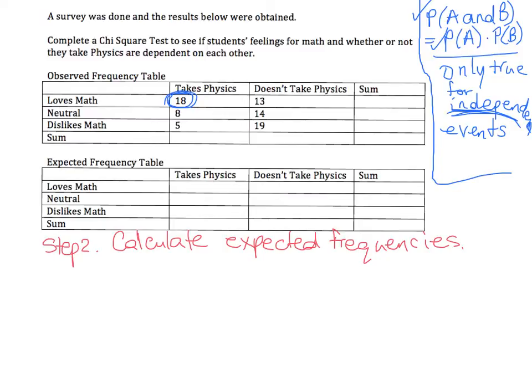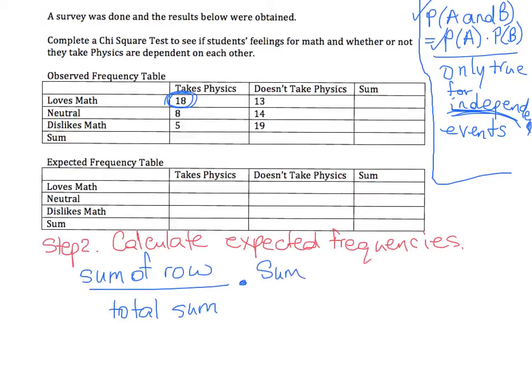In order to find expected frequencies, the calculation is the sum of the row times the total sum, over the total sum times the sum of the column. And this will become clear in just a second what I mean.